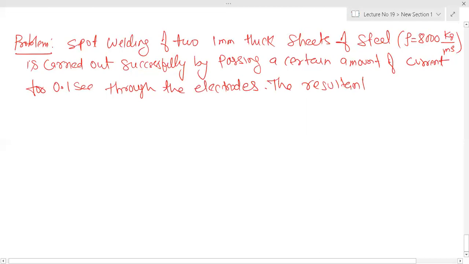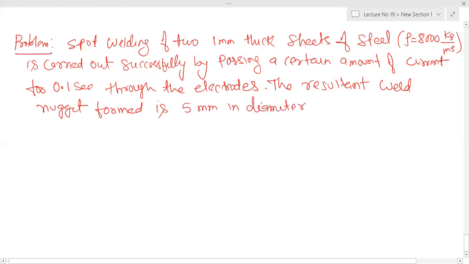The resultant weld nugget formed is 5 mm diameter and thick.